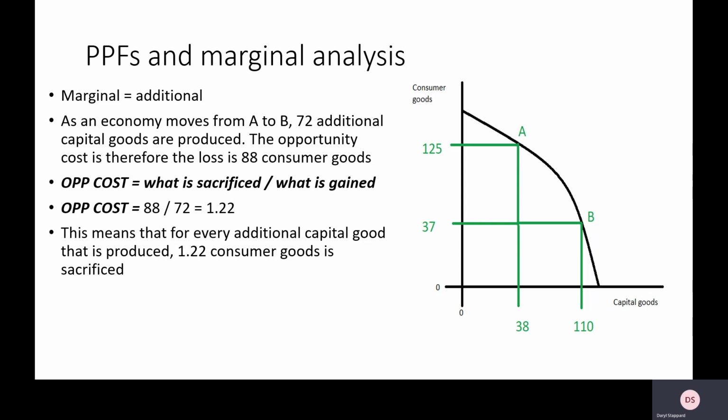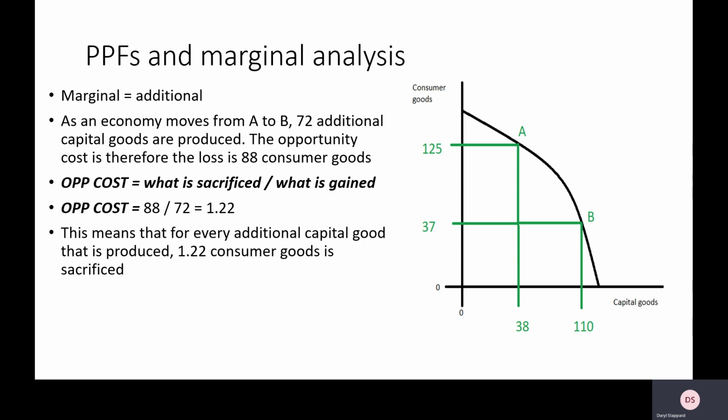So this therefore means that for every additional capital good we gain from A to B, we've got to sacrifice 1.22 consumer goods. Obviously when we go the other way, from B to A, so from B, we'll produce 110 capital goods. To A, we'll be able to produce 38 capital goods. We gain the additional consumer goods from 37 up to 125.